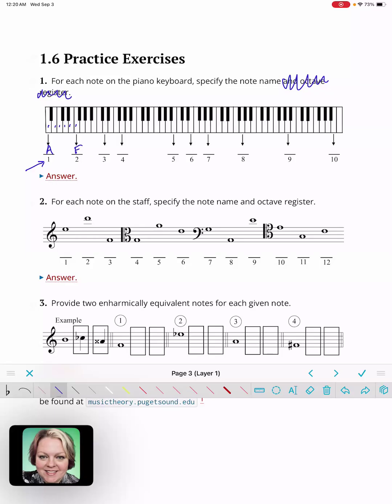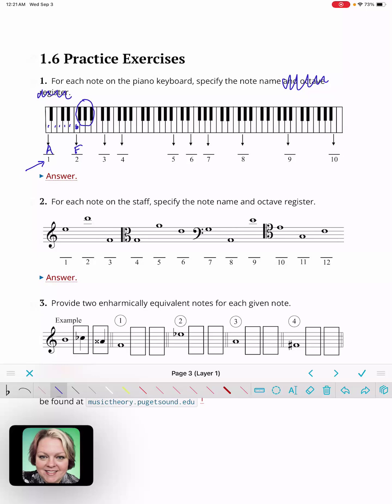Or remember that sheet that we looked at in class that identified groups of 2 black notes, groups of 3, groups of 2, groups of 3. There's that pattern there. And remember, it showed you that every time you have a group of 3 black notes, the white key just ahead of it is an F. So sure enough, there's a group of 3 black keys. This white key just ahead of it is an F.